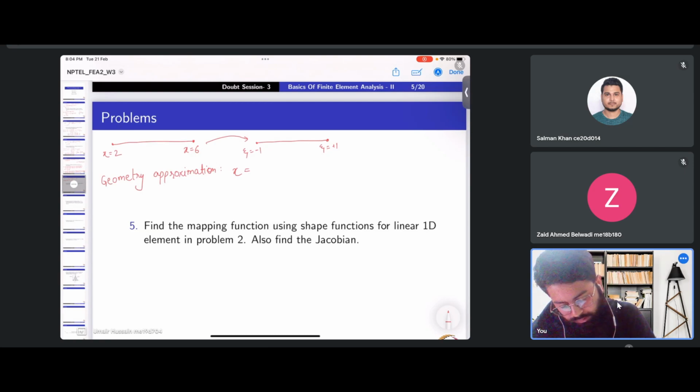Okay, so since we know the solution approximation is using i equals 1, 2, likewise the geometric approximation is done using this relation.